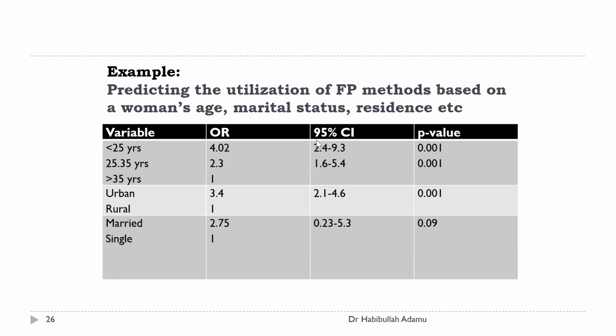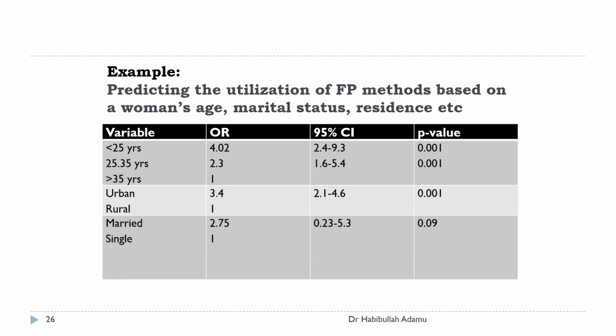No. 1 is outside it, because even the lowest range starts from 2.4. So that means it does not include the null value. So once 95% confidence interval does not include null value, also it points toward the fact that yes, that observation is what? Statistically significant. But once the null value is included in the 95% confidence interval, it tells you that the observation is not statistically significant.